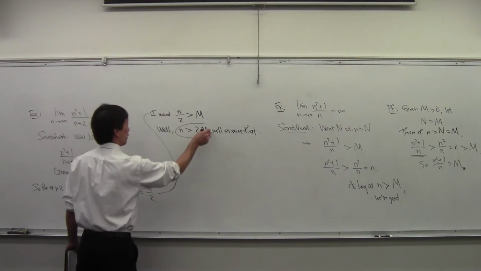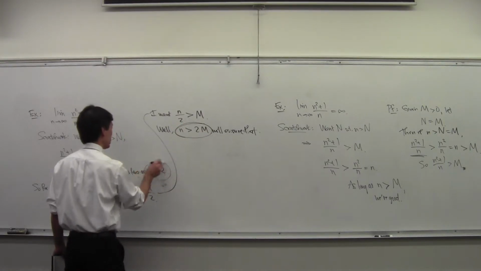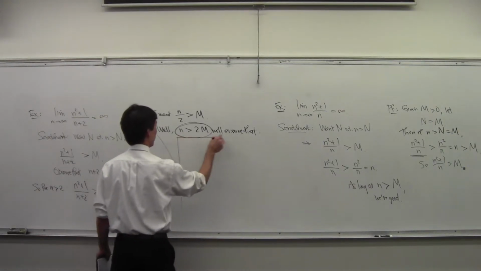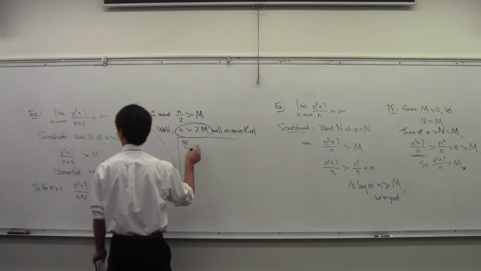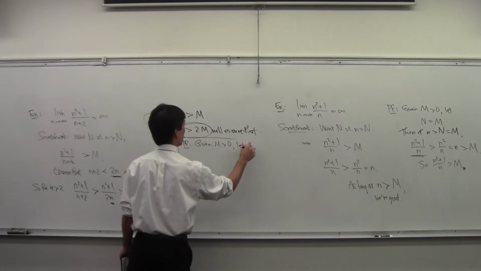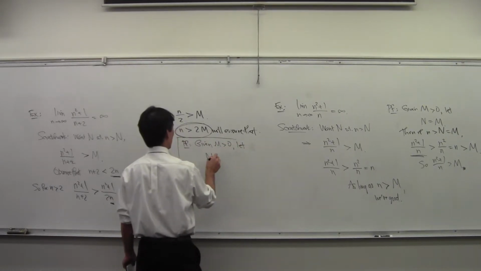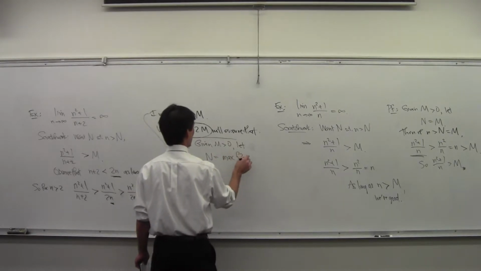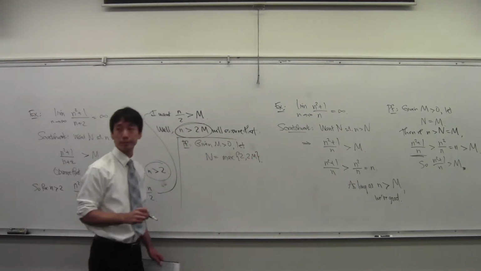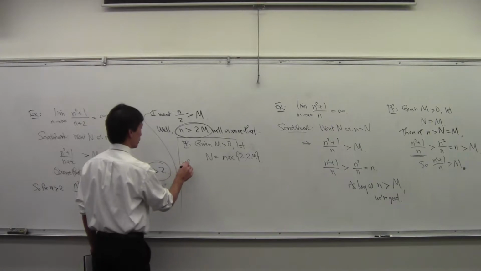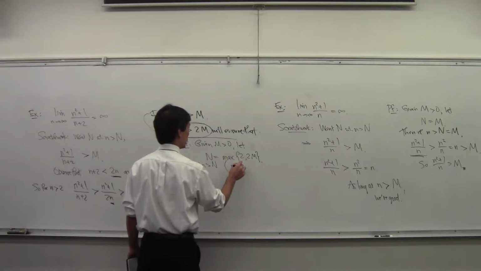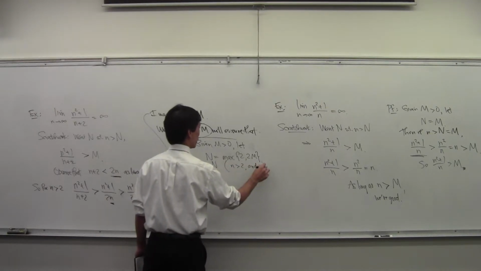So we need two things to happen. We need n to be bigger than 2m, but we also need n to be bigger than 2. So when we write the proof itself, we'll say, given m, let capital N be the max of 2 and 2m. Then, if n is bigger than N, then we know that n is bigger than 2 and n is bigger than 2m.